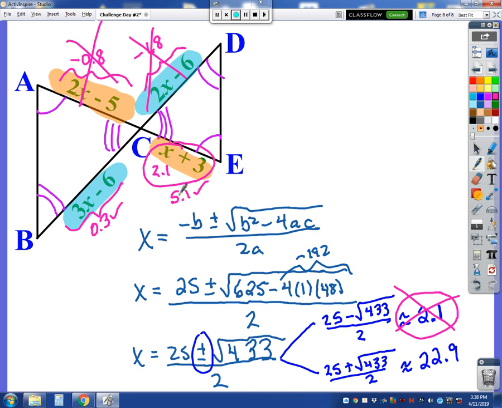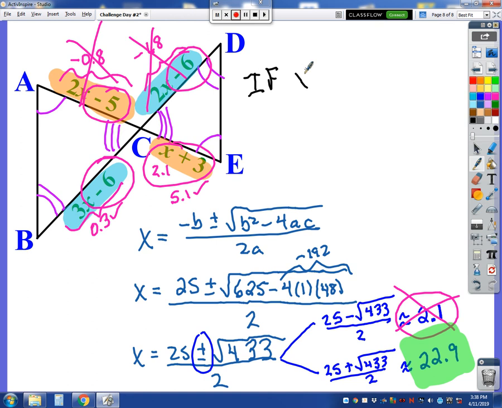Now, I can plug in the 22.9s, and I will guarantee you that no matter if I subtract 5 or 6 or 6 from 2 times 22.9, I am not going to be going below 0. So in the end, the only answer that works is positive 22.9. So in the end, here's what we're really saying.